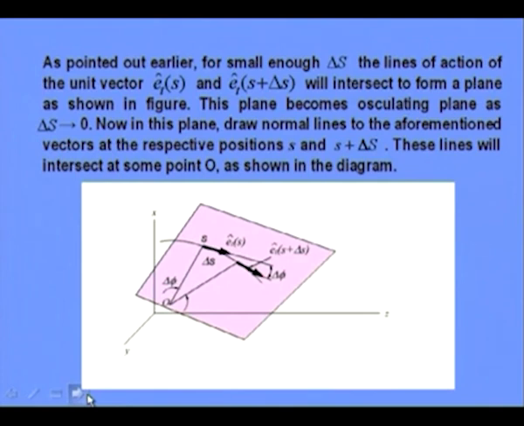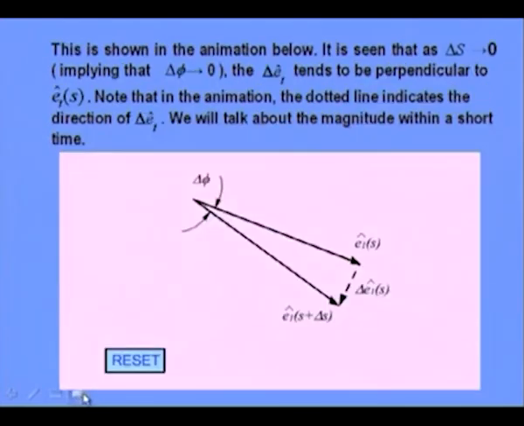Now, we have drawn normal lines to these vectors and they intersect at point O, which has been explained earlier.